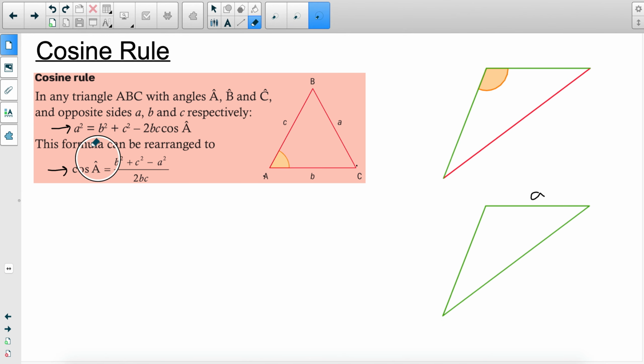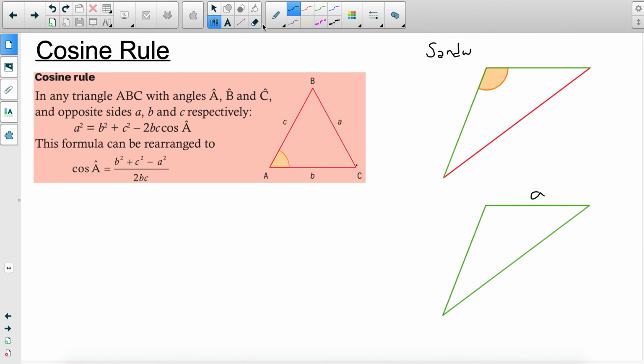Now, the last thing to keep in mind is, when do you actually use the cosine rule? We've mentioned this briefly in the sine rule, but it's not something you'd obviously remember for the sine rule, but it's easy to remember with cosine. The first situation is the sandwiching situation.